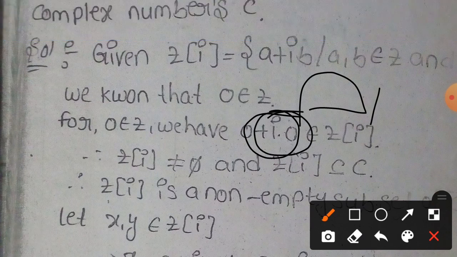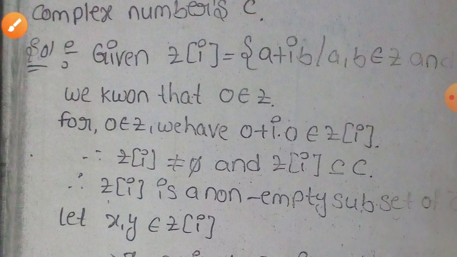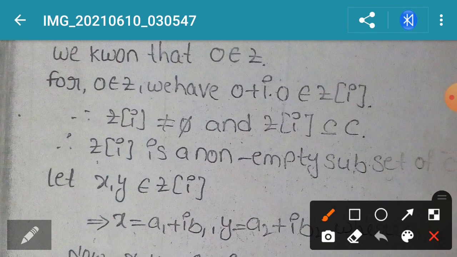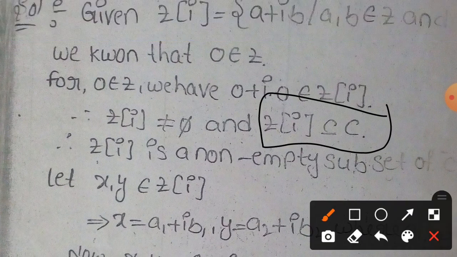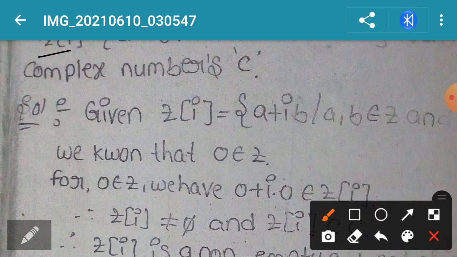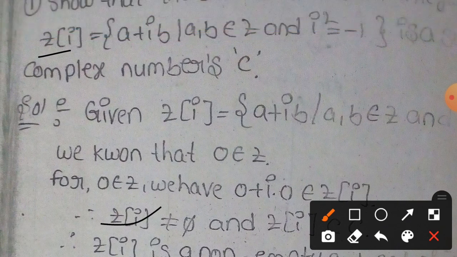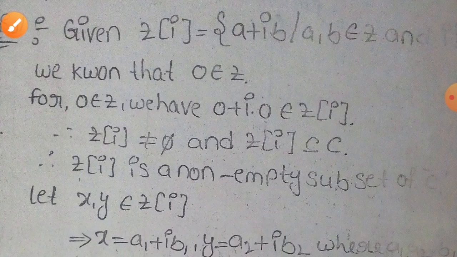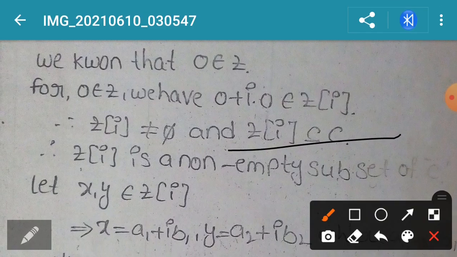So only one element is in both sets, and we simply say that it is a subset. Therefore the Gaussian integers Z[i] form a subring: first, it is not empty and it is a subset of the complex numbers, which satisfies condition one.